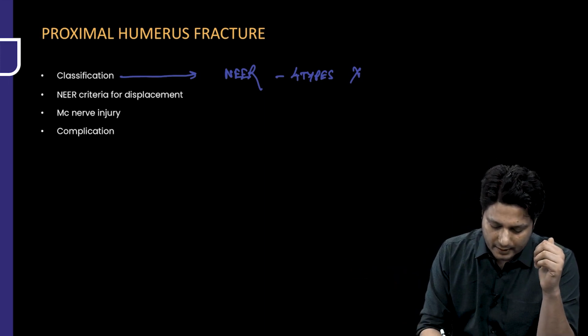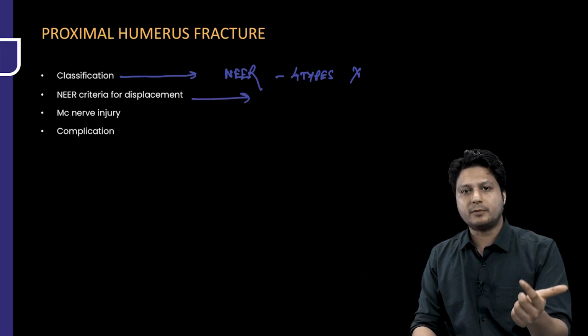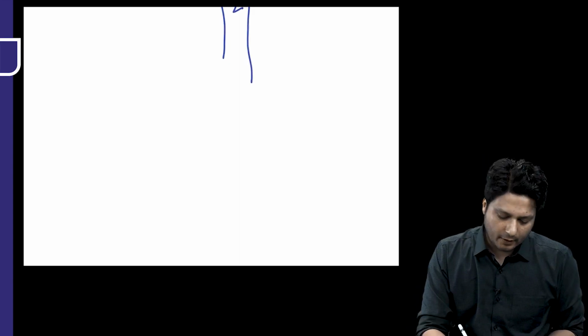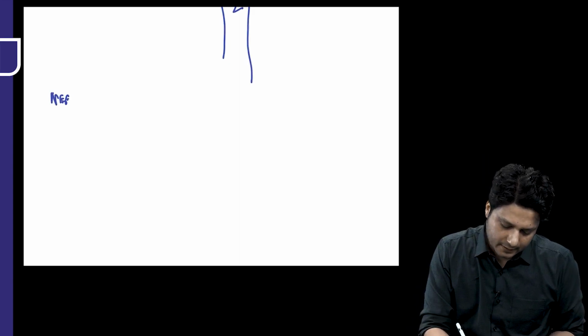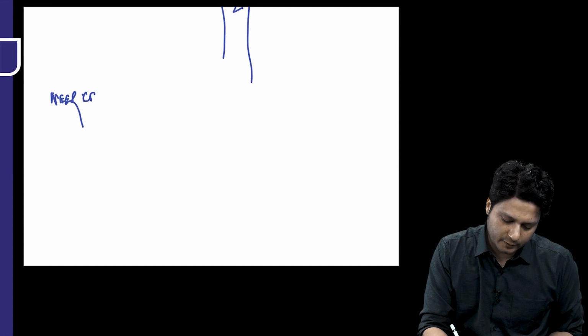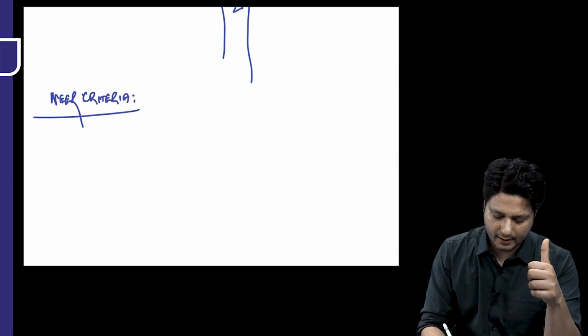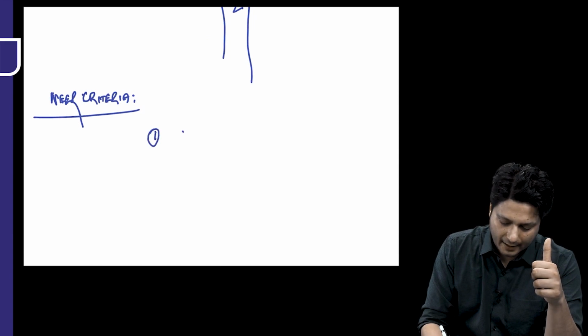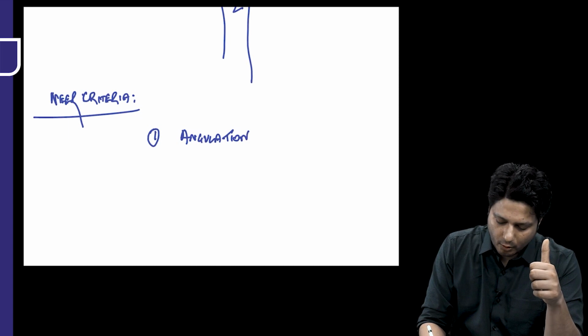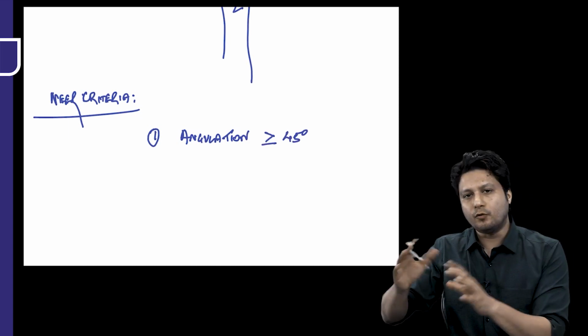Yes. What is the Neer criteria for displacement? Now, this is something which is important for you to understand. As far as this Neer criteria is concerned, for displacement, there are 2 components. One is that there has to be an angulation of more than or equal to 45 degrees in between the 2 fragments.